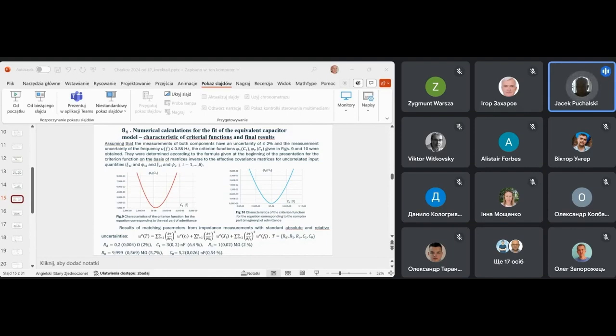And freely searching beta 1 and beta 2, monitoring the local minimum for C1, we finally obtain the value of the global minimum for the objective function.